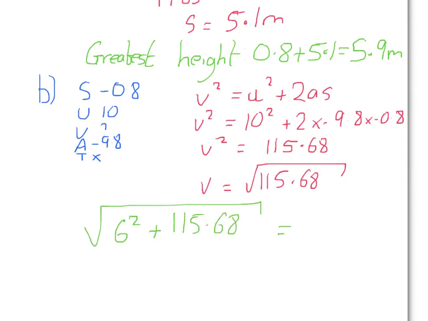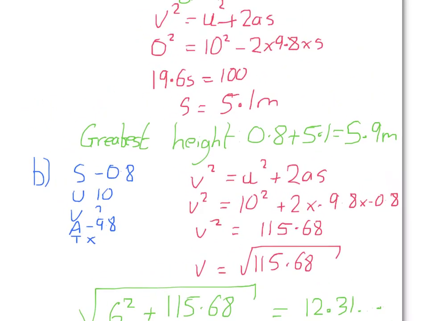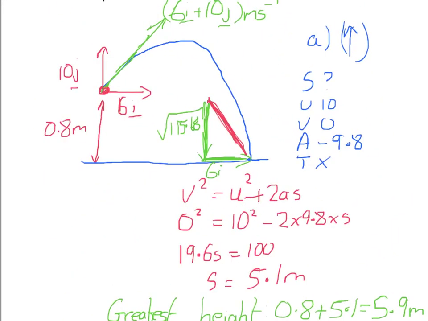If we do that we get the answer 12.31, but we've got to go to no more than two significant figures, so it's 12 metres per second to the minus 1 to two significant figures. That is the speed at which our projectile, our particle, or our cricket ball, will hit the floor.